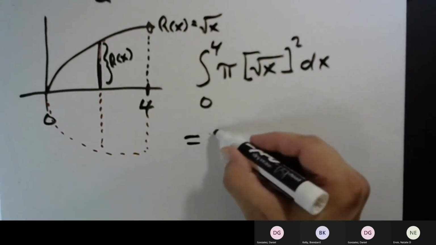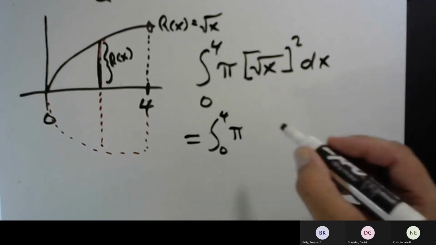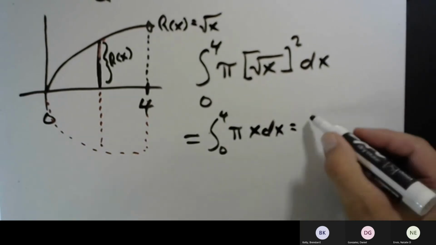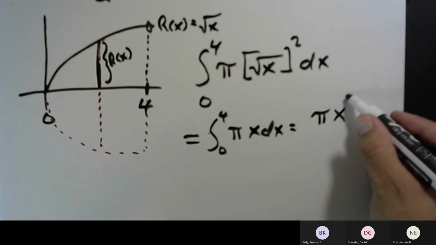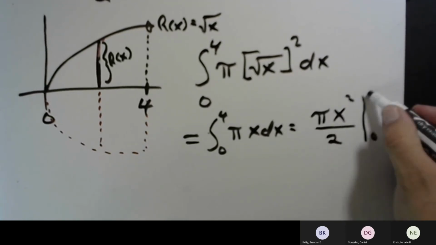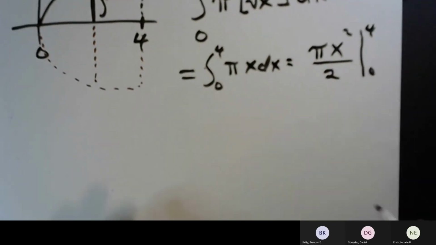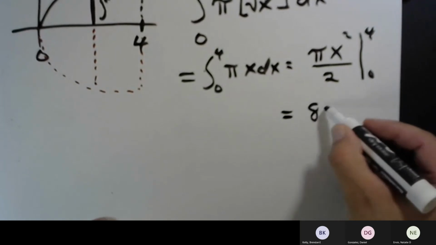So we'll get the integral 0 to 4 of pi x dx. And that's going to come out to pi x squared over 2 evaluated from 0 to 4. And that's going to come out to 8 pi.